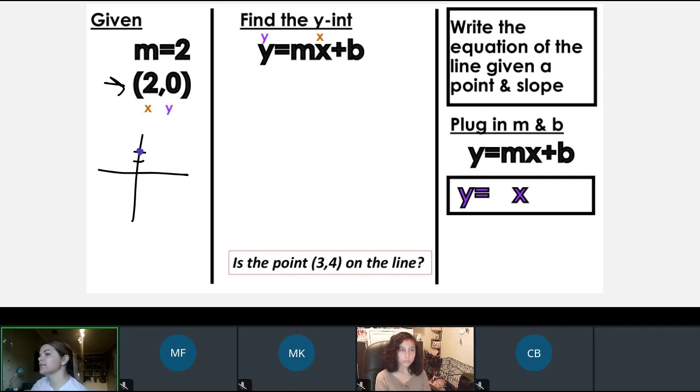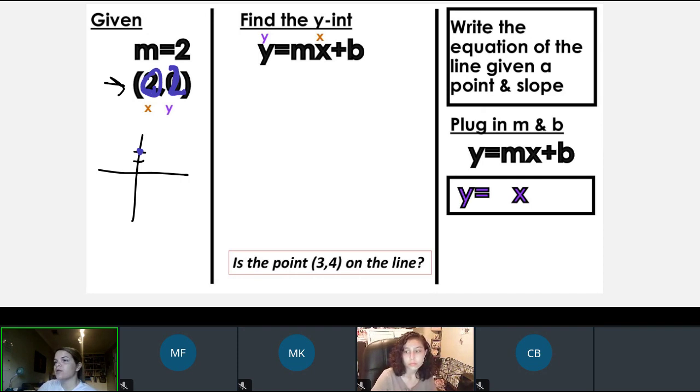So they did not explicitly tell you that 2 is the y-intercept. But if you know, sorry, hold on, this should be 0, 2. Let's rewrite that. There we go.